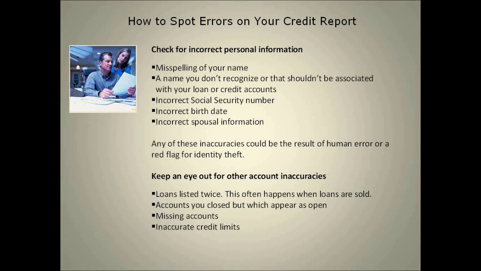Look for missing accounts. And make sure that the credit limits on your accounts are accurate. This is very important because, as we've talked about earlier, your debt to available credit limit ratios are very important to your credit score.